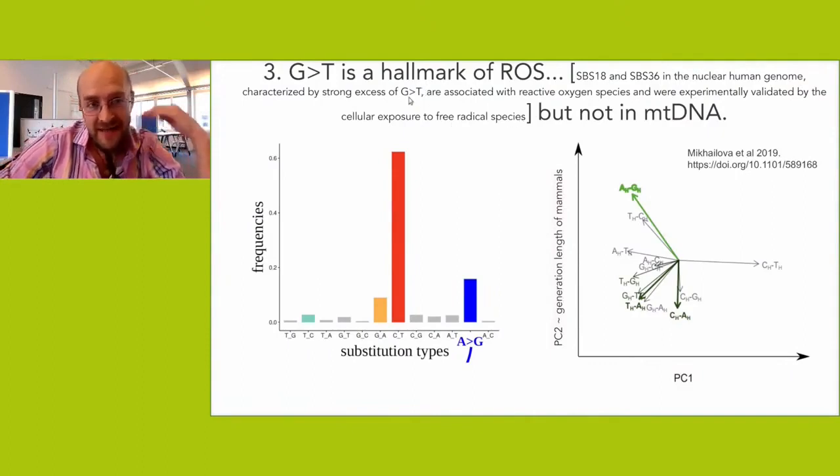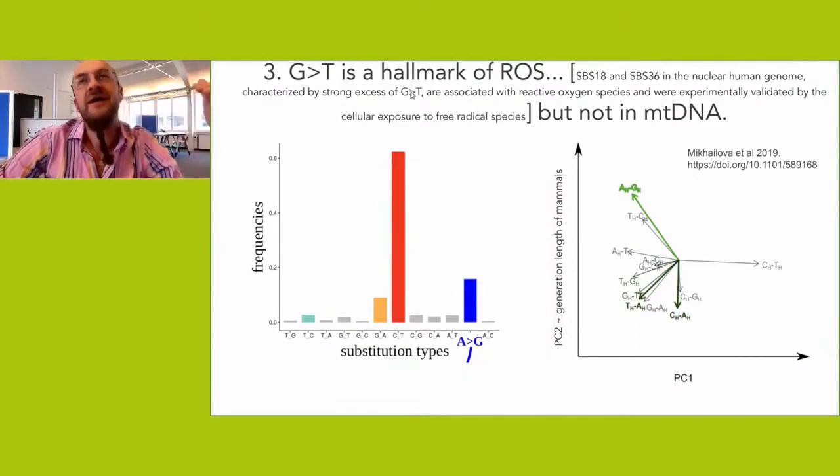So we test whether in the mitochondrial genome we can observe the G to T mutational signature, which should correlate with the aerobic level of metabolism.